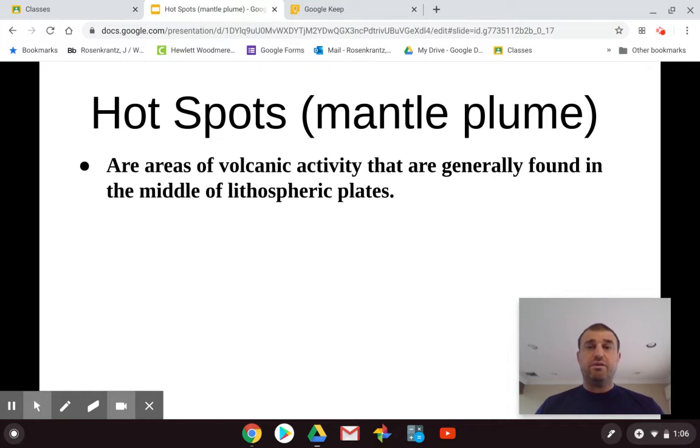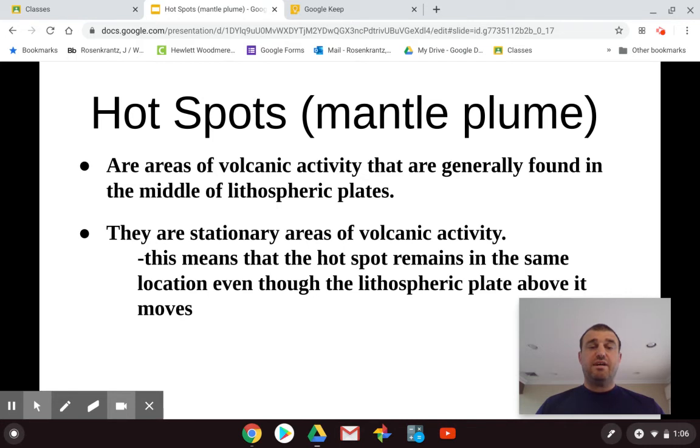Hawaii is in the middle of the Pacific plate, and Yellowstone Park, which I hope you heard of, is in the middle of the North American plate. Okay, Yellowstone Park is an underground volcano. All right, and it has had lots of eruptions, but it doesn't come to the surface like a mountain. Right, it's a huge magma chamber that's under the ground, and the North American plate is moving over it.